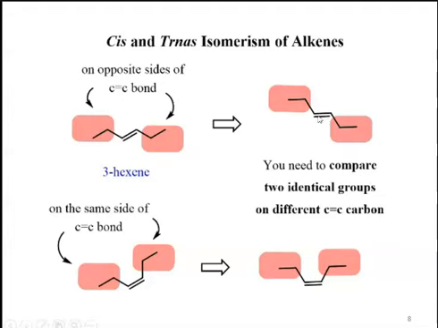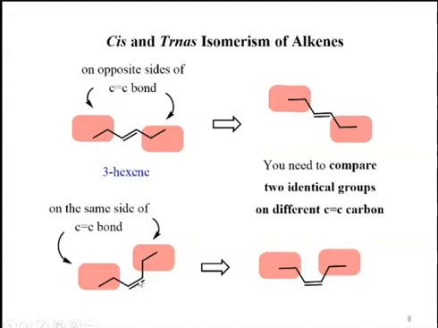One group is above the plane, one is below the plane, if this double bond represents the sp2 hybridized carbon atoms. Now we can compare the identical groups. Are they lying on the same plane? They are not lying in the same plane. They are lying opposite. One is up, one is down.